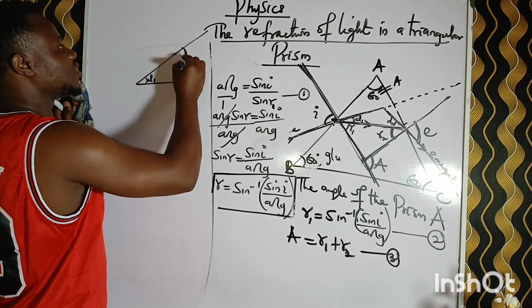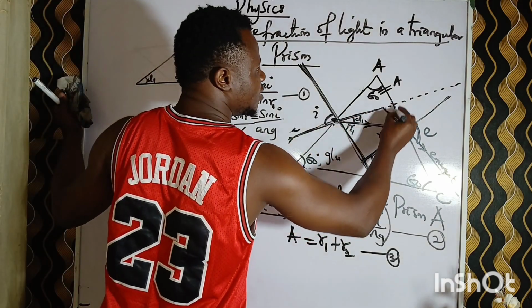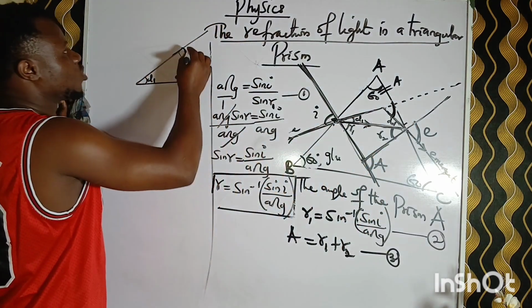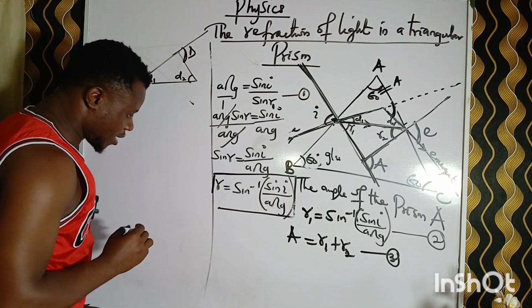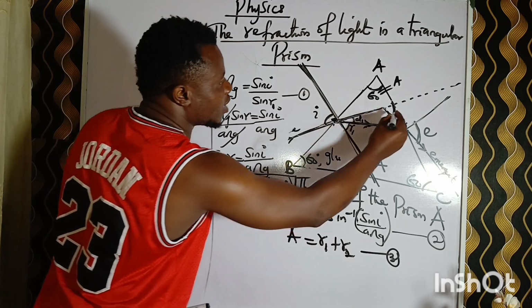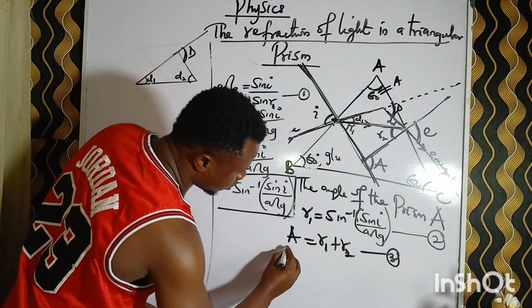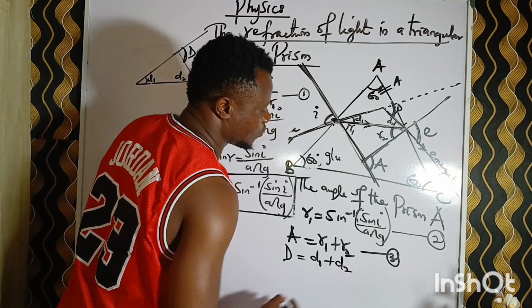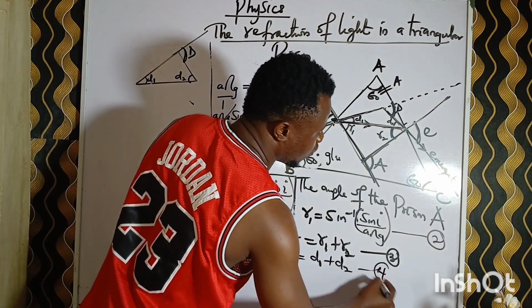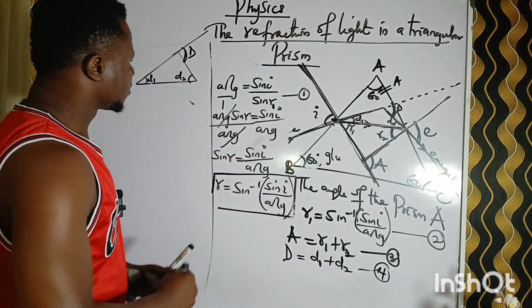So this angle outside here is the total D, this plus this. So therefore I can say that from this triangle, the D is equal to D1 plus D2, which will give us equation 4, the total D.